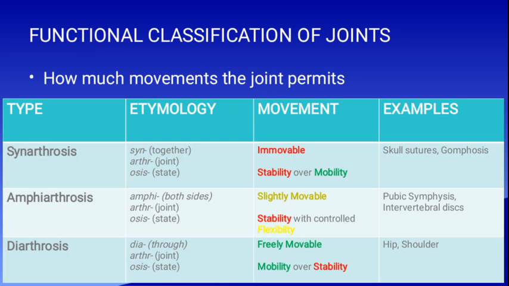They don't allow movement at all, so they offer stability over mobility. Examples include the skull sutures and the gomphoses. Then we have amphiarthrosis, that's slightly movable, and they offer stability with controlled flexibility, like the pubic symphysis and the intervertebral disc. And then we have diarthrosis, which is freely movable, and it offers mobility over stability.